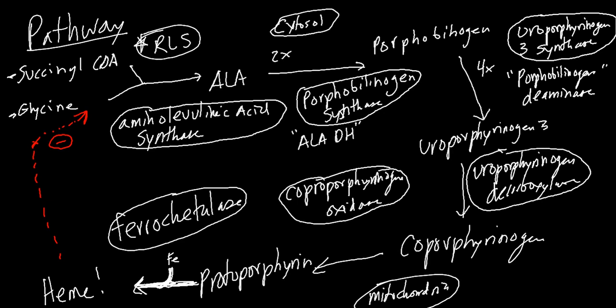Now, we also have some disorders. So here's the classic pathway. We take a molecule of succinyl-CoA, molecule of glycine. We form ALA. We need two ALAs to form a porphobilinogen. Porphobilinogen. I think I spelled that wrong. Just doesn't look right.